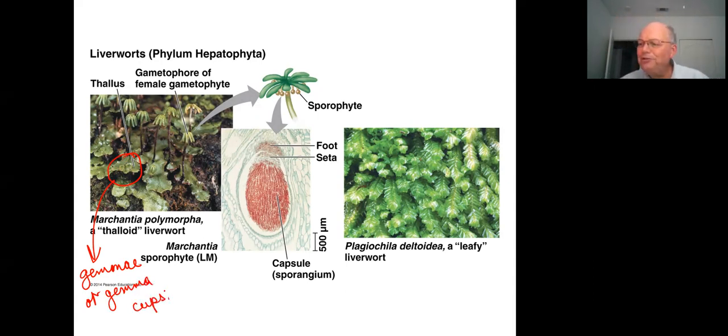So those are the structures that, when dislodged from the thallus, this leaf-like structure of the liverwort, can then drift again. They can then float away to settle down and develop into a new liverwort.